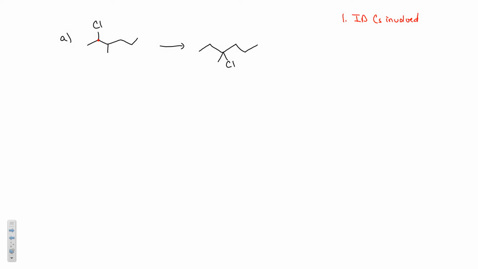So, these two carbons, right? Then you want to know what type of elimination you are doing. Is it Zaitsev or is it Hoffman? Because that's going to determine which base you choose, right?